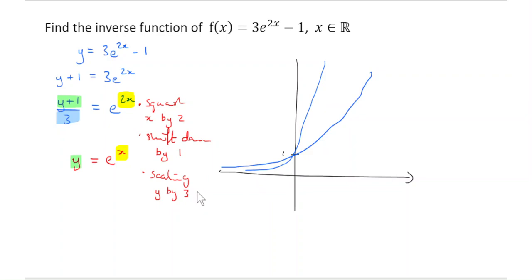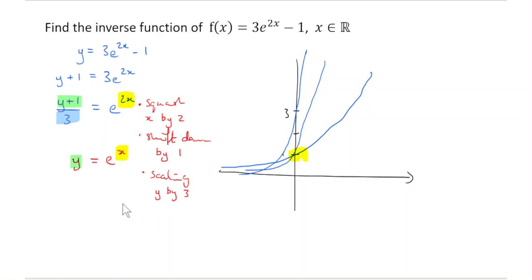We're also expecting that it will be stretched in the y direction by 3. So for example, this point here, the point y is equal to 1, that's going to get stretched up to 3. So we're going to have a graph now that's going to look like that. It's supposed to go through 3.